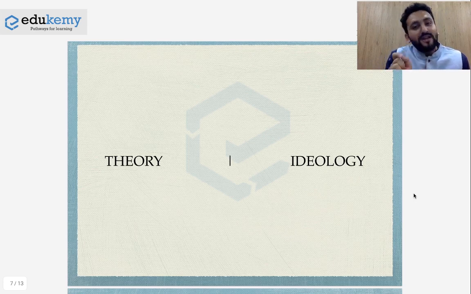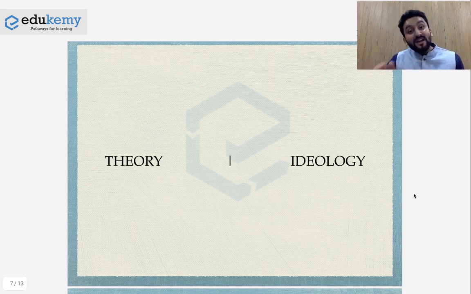Now, the point I want to make is, when I use the word ideology, it means some set of ideas which shape society, which shape social conditions, which are considered as truth by a section of society.